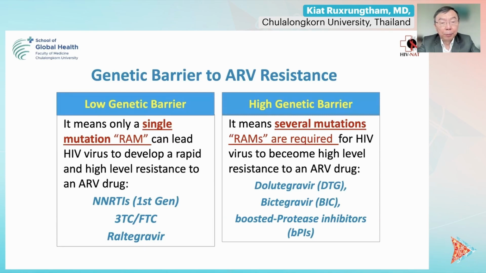These are the common examples in NRTI, particularly the first generation: nevirapine, efavirenz, lamivudine (3TC) or FTC, and raltegravir in the integrase inhibitor group. High genetic barrier to resistance means that a particular ARV requires several mutations to become high-level drug resistant.